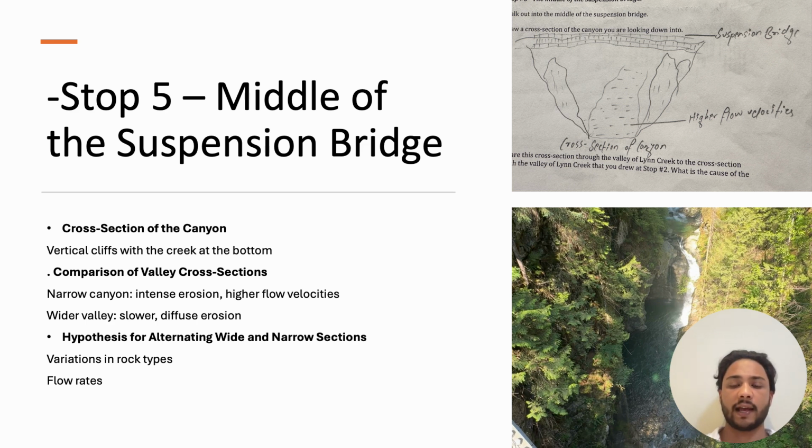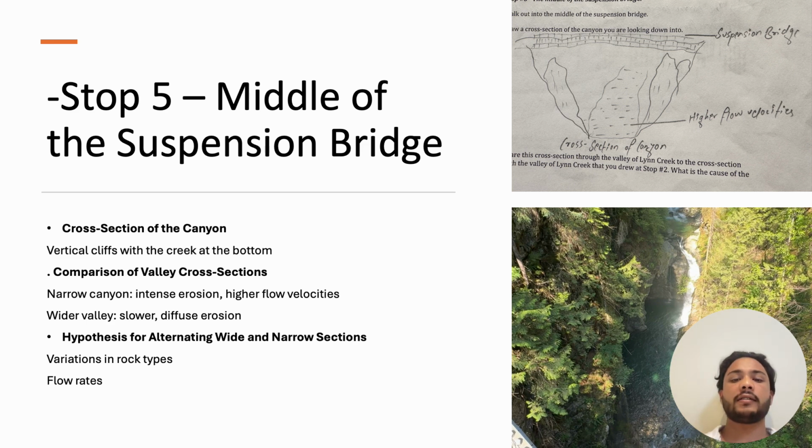As we can see, comparing the cross section with stop 2 reveals differences due to varying erosion resistance of rock types and flow dynamics. The narrow canyon experienced more intense erosion, while the wider valley has slower and more diffuse erosion.